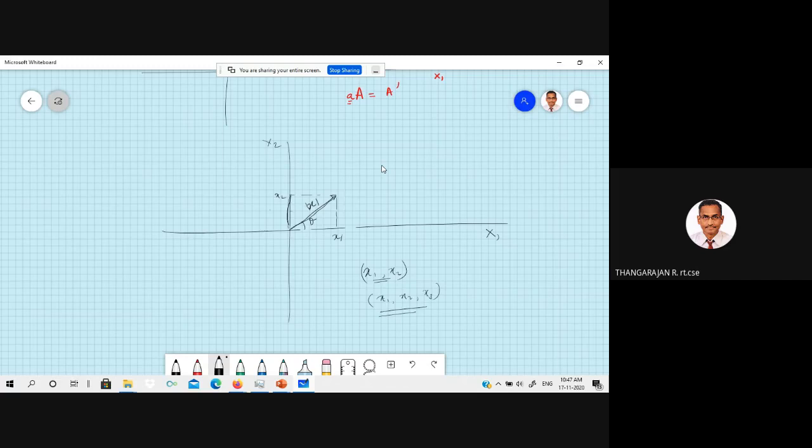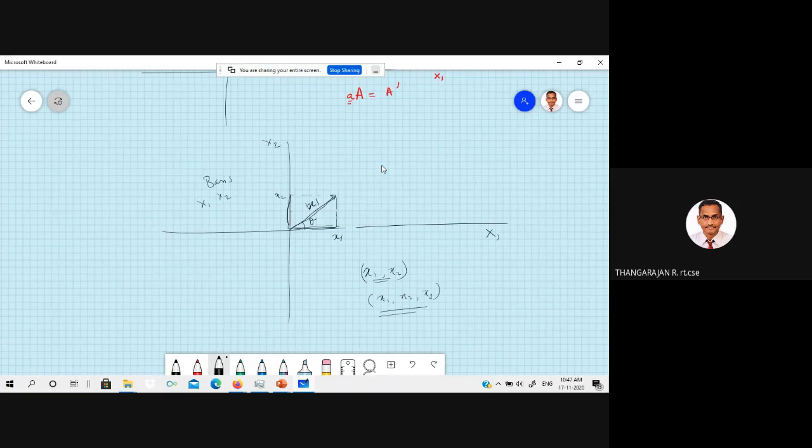These two axes are called the basis. The capital X1 and capital X2 are the basis, and we are going to measure our vector against the basis.